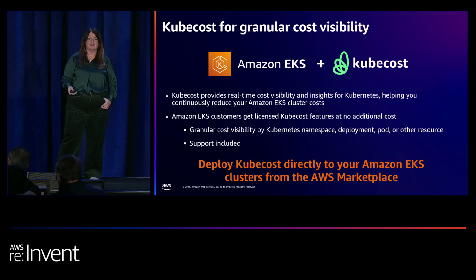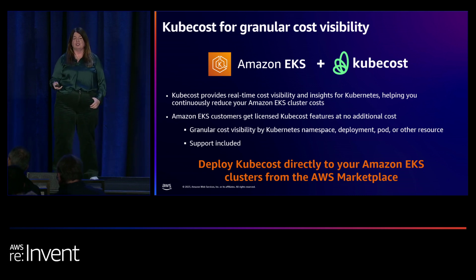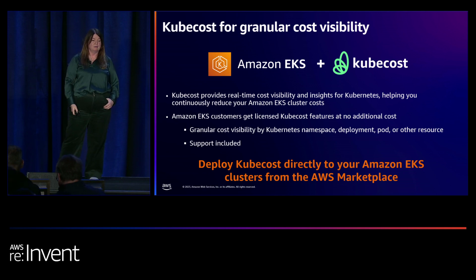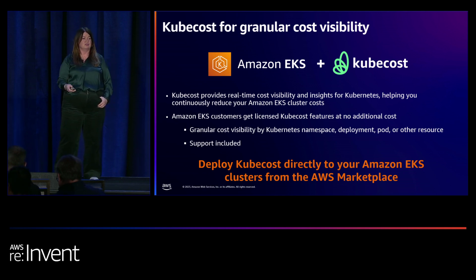You can deploy this version of KubeCost onto your EKS clusters either by using a Helm chart, by using a managed add-on, or from the marketplace as an add-on from the marketplace itself. And you can also now get a unified view across your clusters for the costs that you're incurring by using this optimized KubeCost bundle.